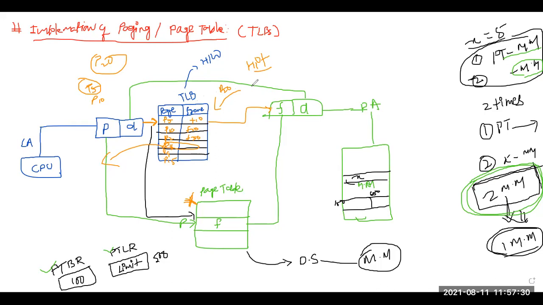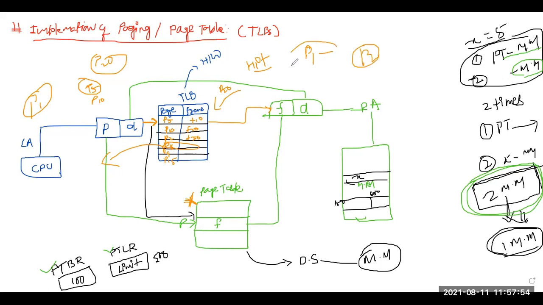And the second point you have to remember: whenever a new program starts, we know that a program is nothing but a sequence of instructions. Whenever you request a new program to execute, the TLB will be cleared. Suppose I am starting a new program P2.